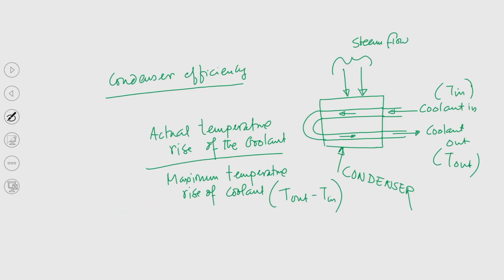So, actual temperature rise of the coolant will be always less than the maximum temperature rise. So, basically design T out of the coolant will never be reached, because actual T out will be always less than T out maximum, right, because of the poor heat transfer, and as a result of which the actual temperature rise of the coolant will be always less, and if I take the ratio of these two quantities, we can define efficiency of the condenser.